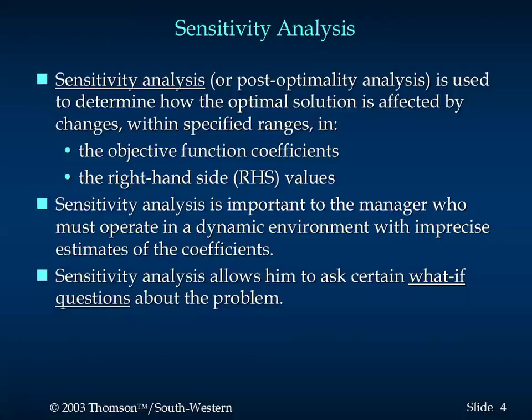Sensitivity analysis allows the decision maker to ask certain what if questions about the problem. So if there are certain changes, we can ask what if certain things happen, and get to some outcome from that.